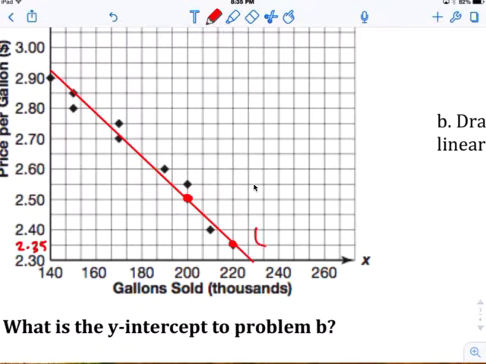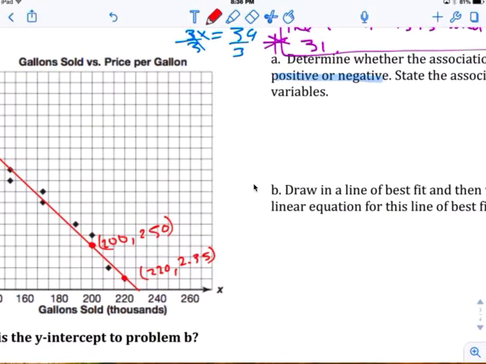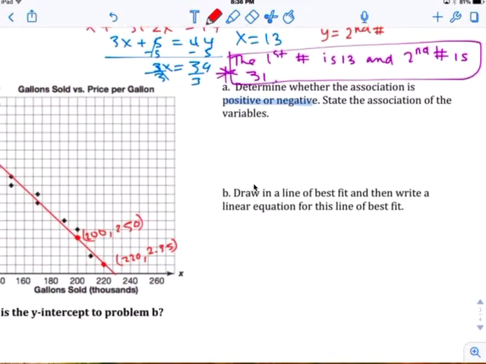So this one is 220,000 gallons of gasoline at the price of $2.35. Okay, 200 for $2.50. Make sure you choose dots on your line of best fit. Do not make the bread anymore. Don't want to see it. We just want to see the line of best fit. Okay? That's the whole purpose of this.